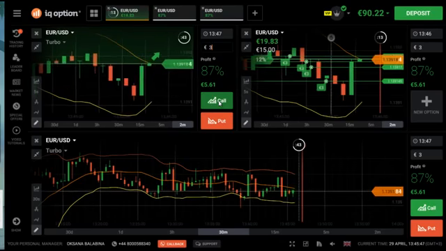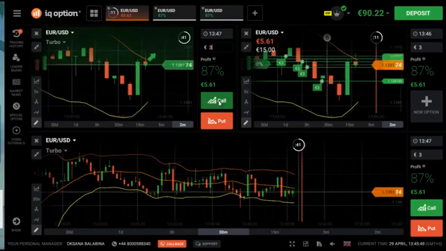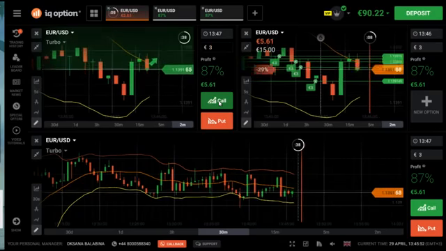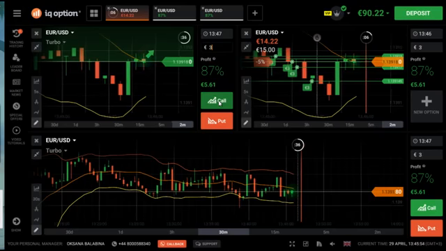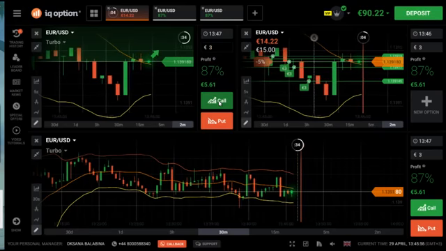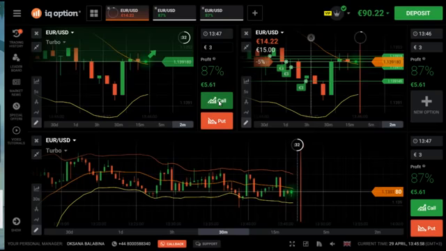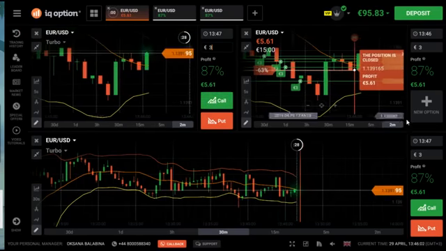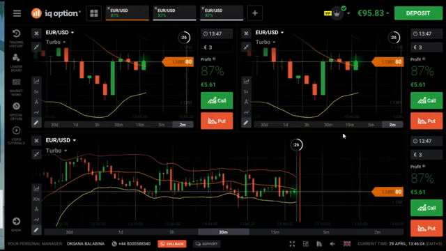And why I have two of the same windows is because it allows me to follow it up. Let's say left side is a primary trading window, and right side is a secondary window.